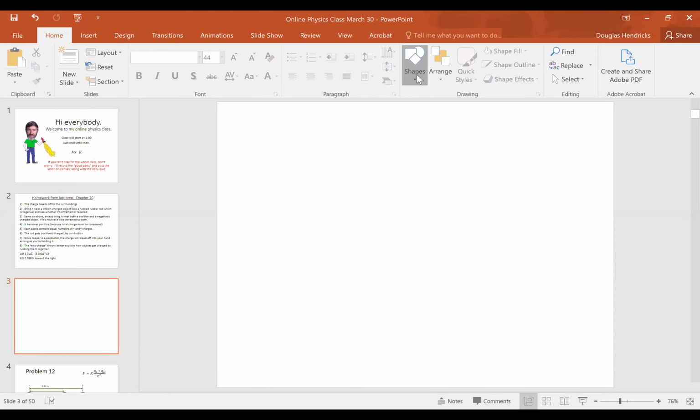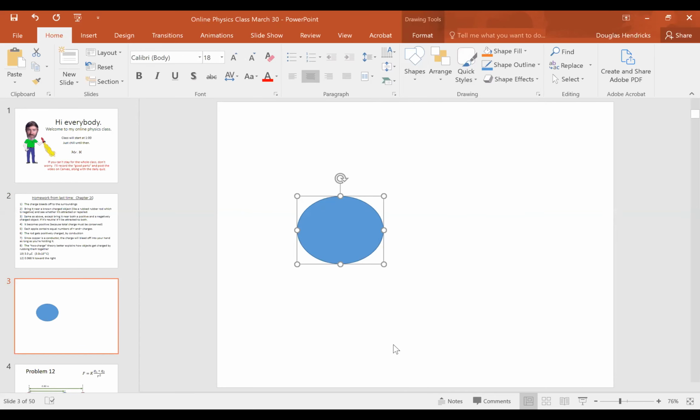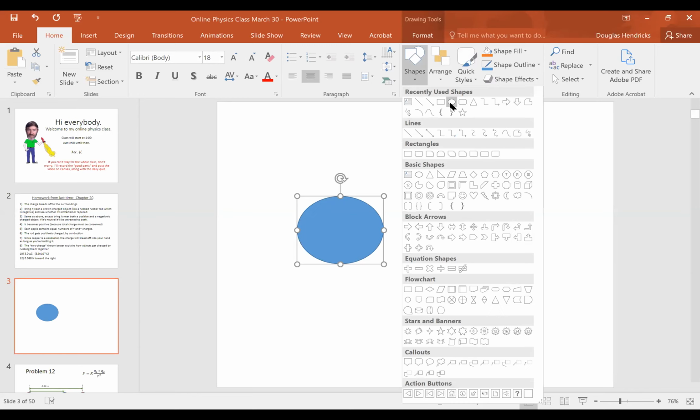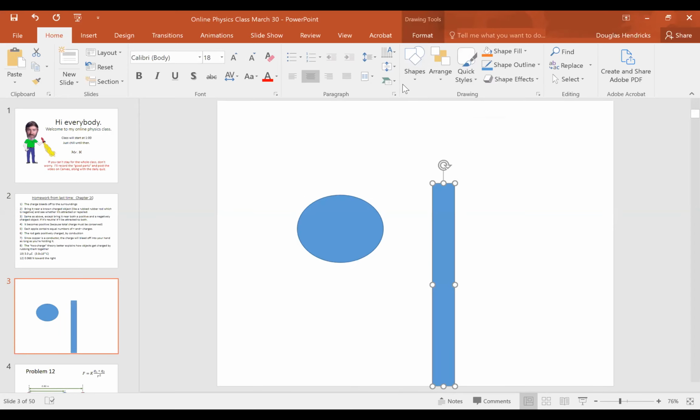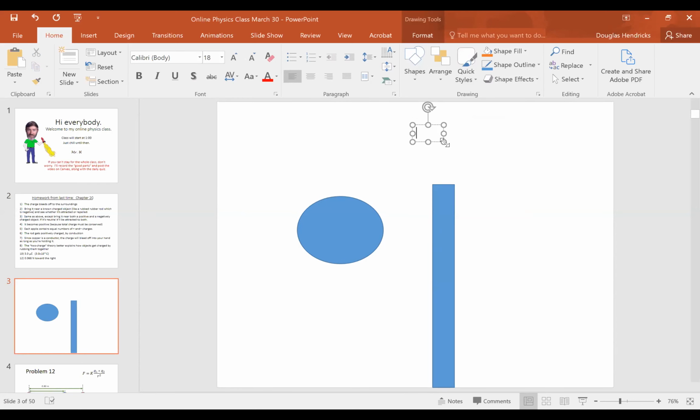Okay, so let's create some shape here. This is an object that is neutrally charged. And let's get some other shape here. Let's say that is something that is positively charged, or it could be negative, doesn't matter. And let's give it a whole bunch of charges.